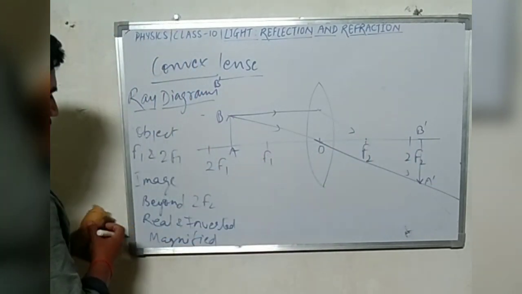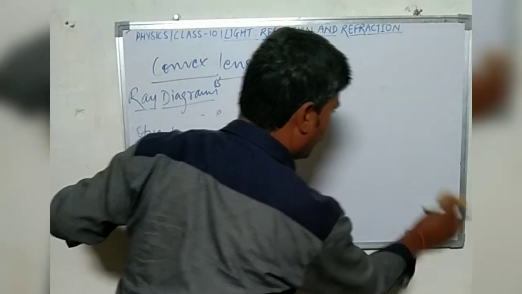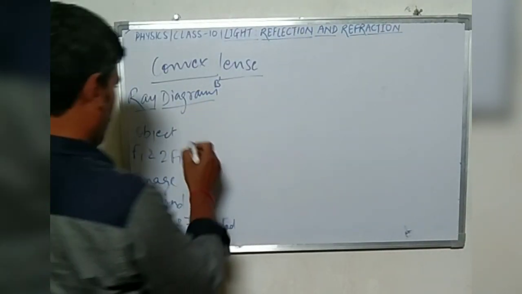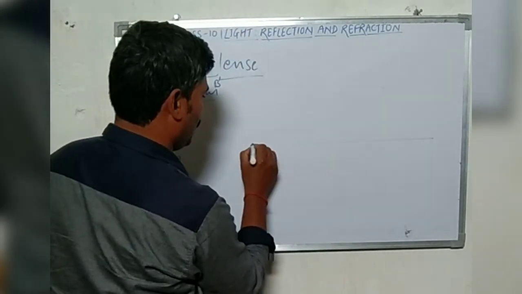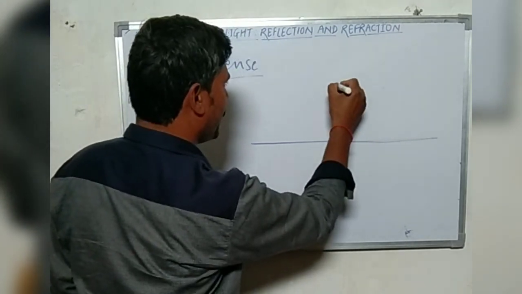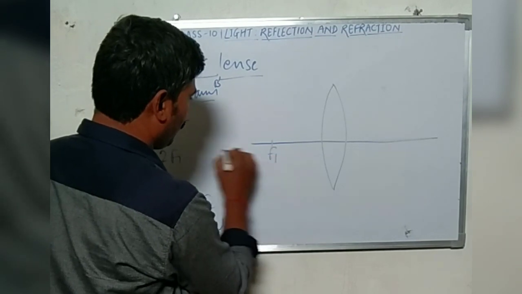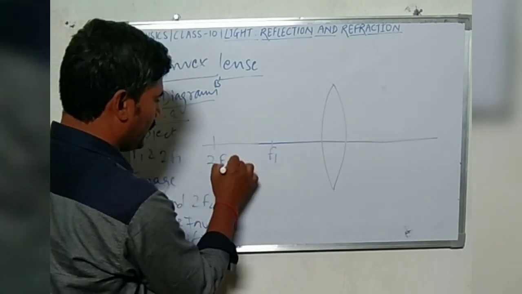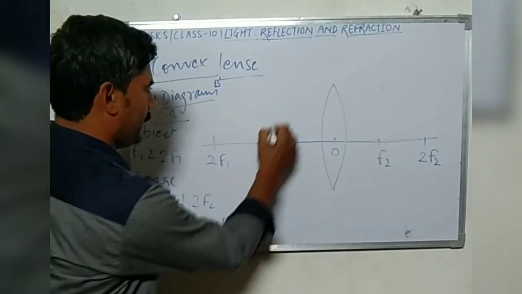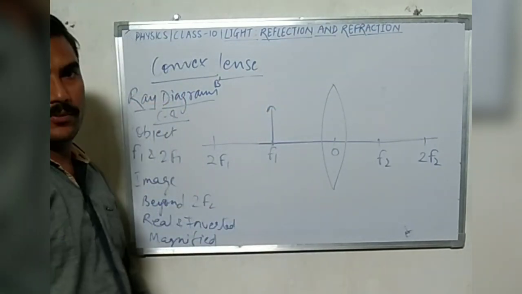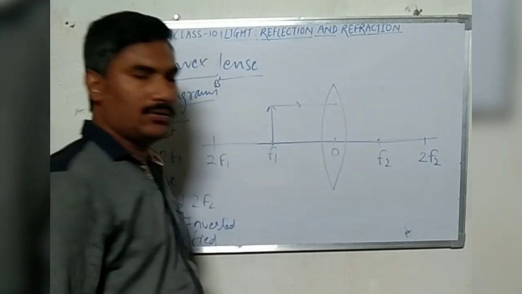We have discussed the third case. This is case number 4, when the object is placed at F1. This is the position where the object is placed. Now ray 1 strikes the convex lens.